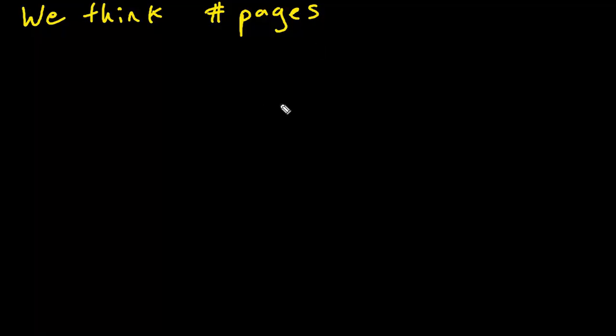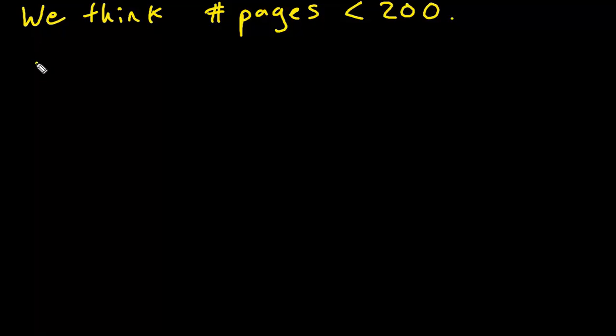All right. So we think that the average number of pages for these books is less than 200. That is what we are wanting to find out. Are there less than 200 pages on average in these books?